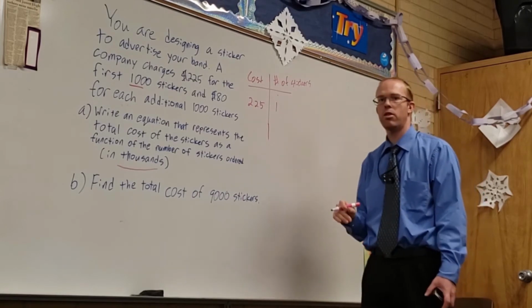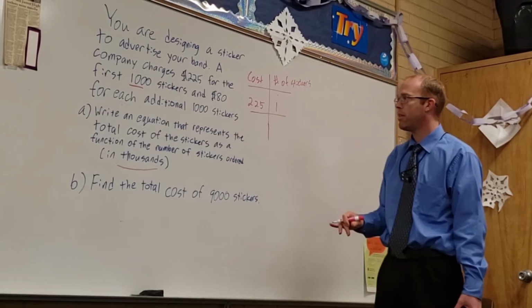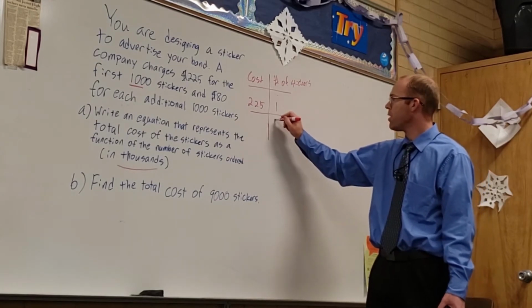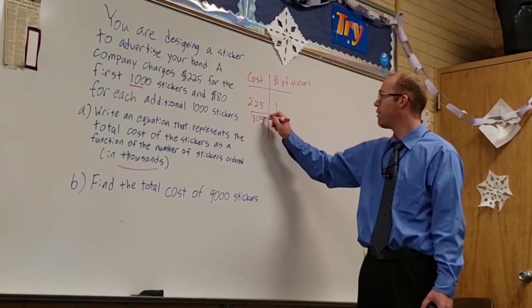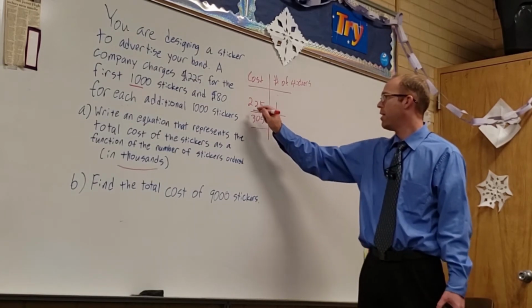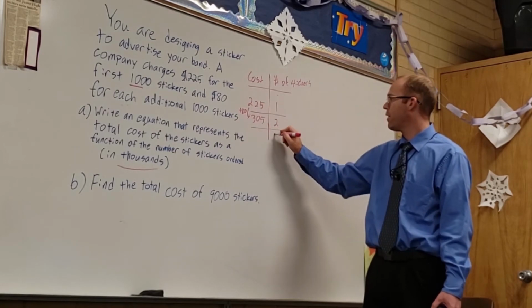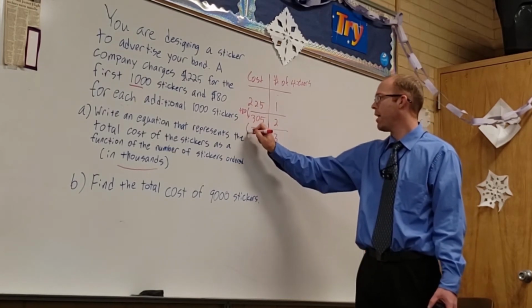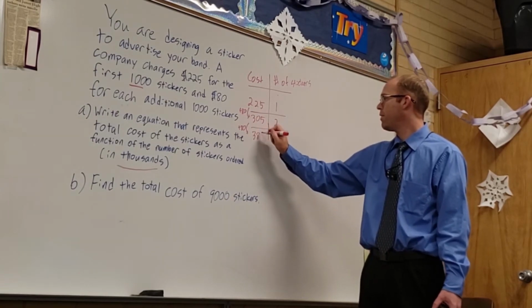Now I'm going to get some additional data points here by using the $80 for each additional 1,000 stickers. If I have 2,000 stickers, that goes up to $305 because I added 80 to this. And if I go up to 3,000 stickers, I'm going to add 80 again. And I go up to 385.